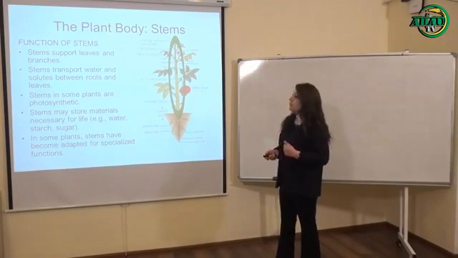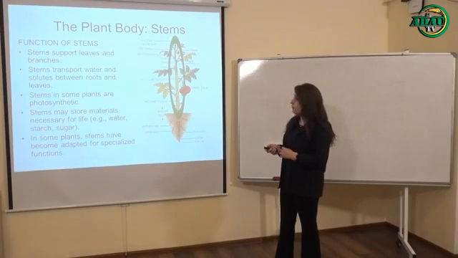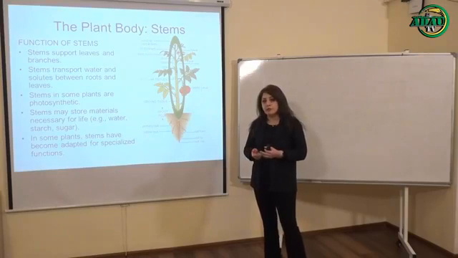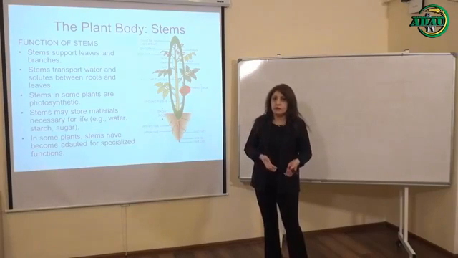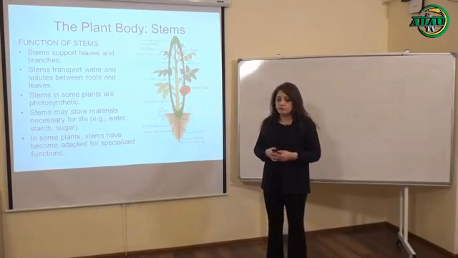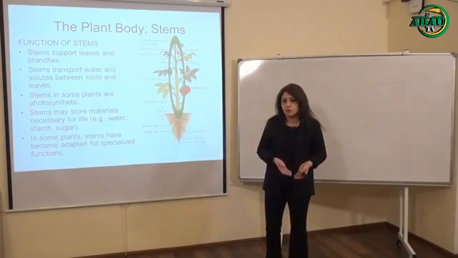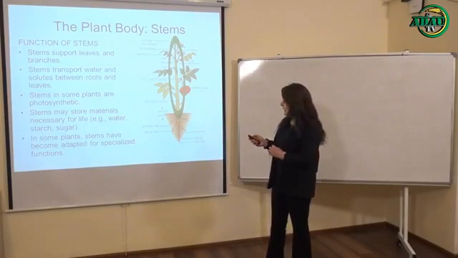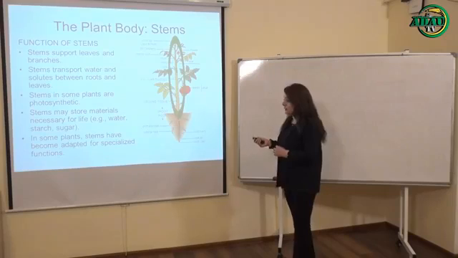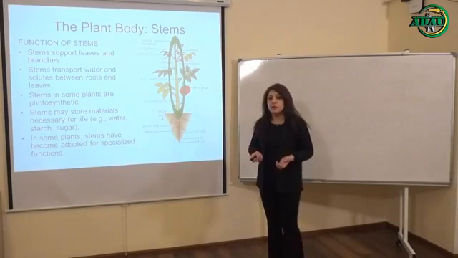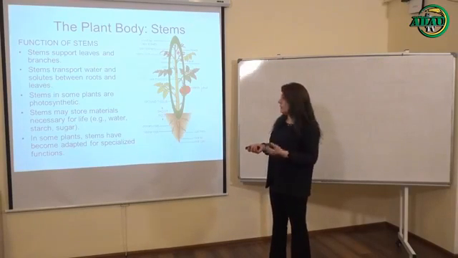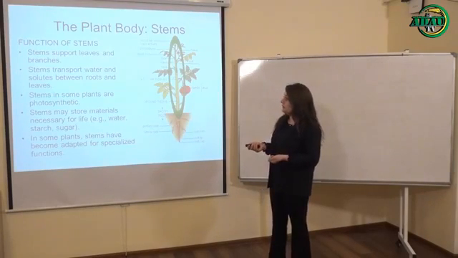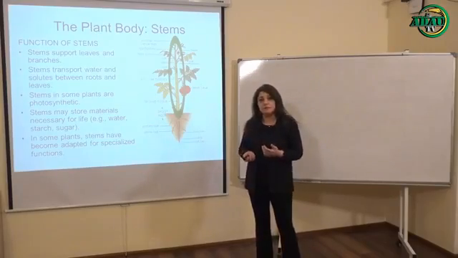Another function of the stem is transport of water. As I have already told, the stem transports water from the soil. The water is absorbed from the soil with the help of roots and root hairs, and the stem transports this water to the above ground organs of plants, to leaves and other parts of the plant.